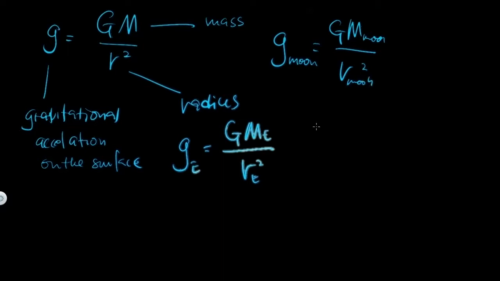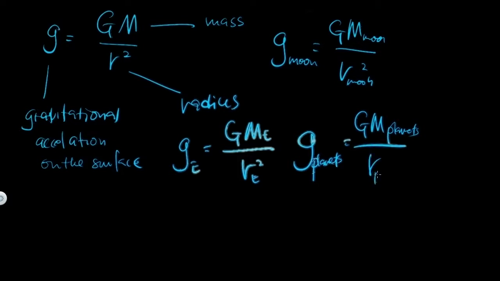And of course, we can use this formula to find the gravitational acceleration on other planets or other stars, equal to G times the mass of the planet divided by the square of the radius of the planet.